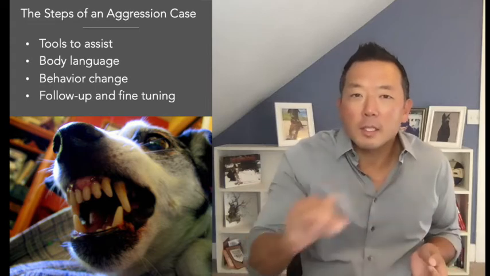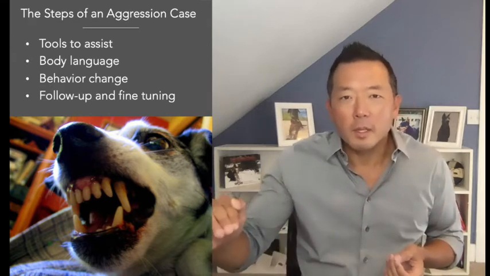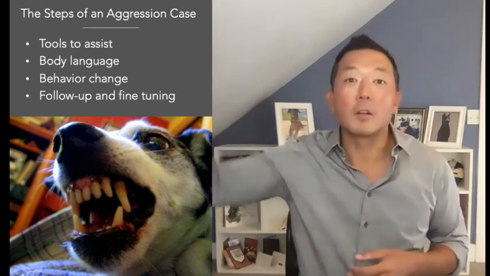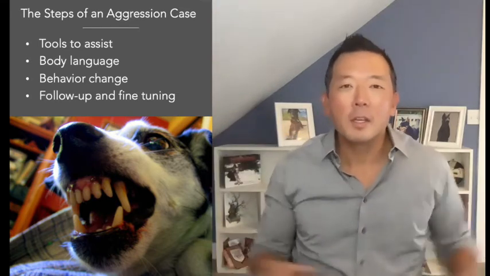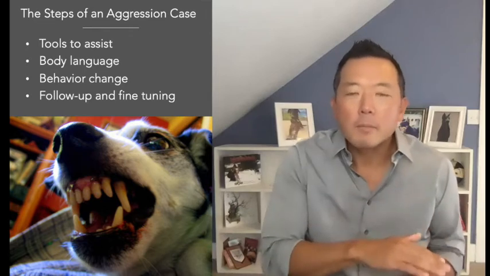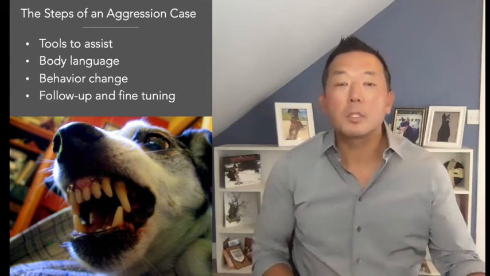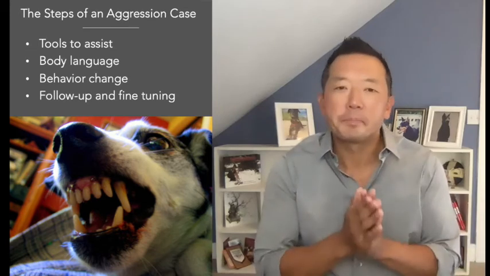And when they can see those subtleties, they don't have to wait to see the more overt signals like barking, lunging, growling, snarling, snapping, or biting. When they can see the subtleties, they're going to be able to help their dog a lot more. So I do educate the clients about body language during my initial session with them.